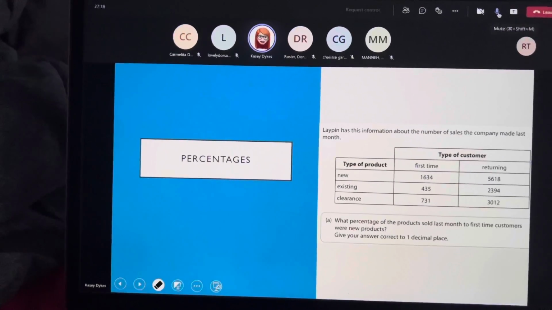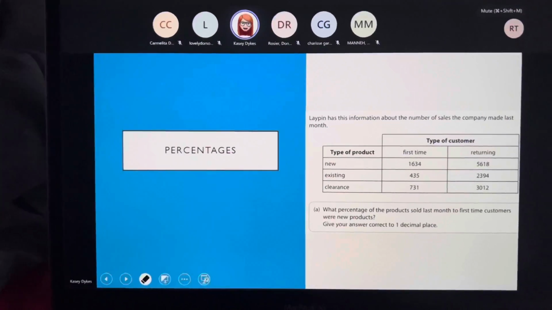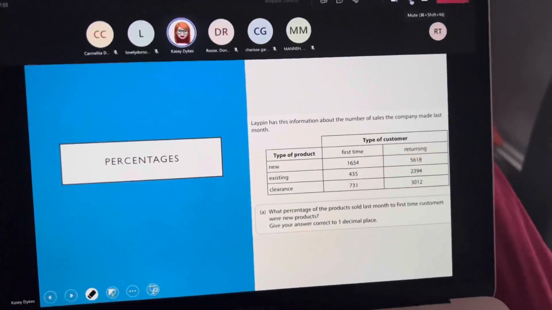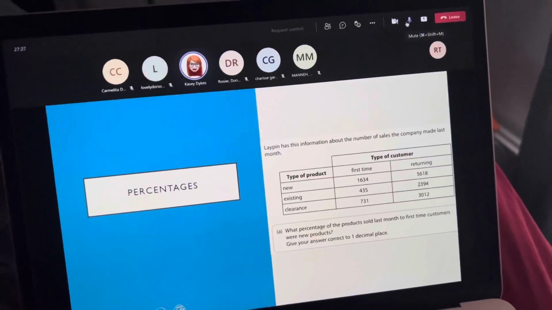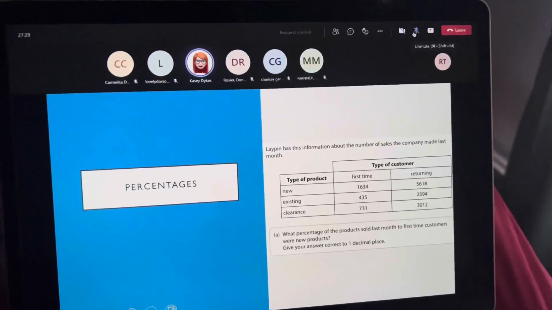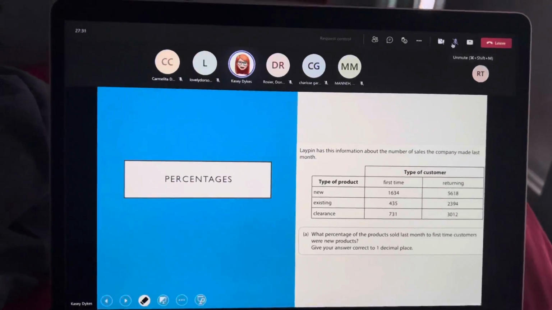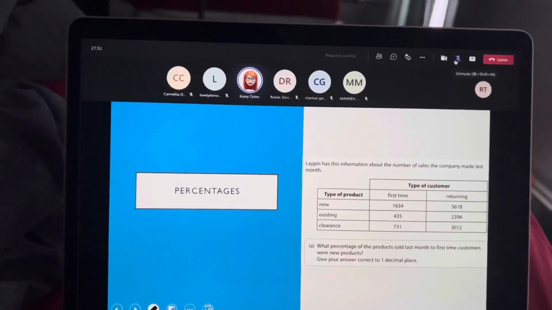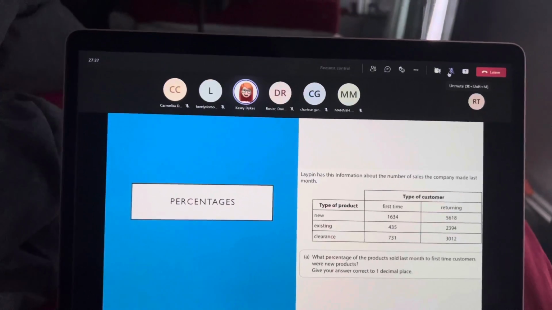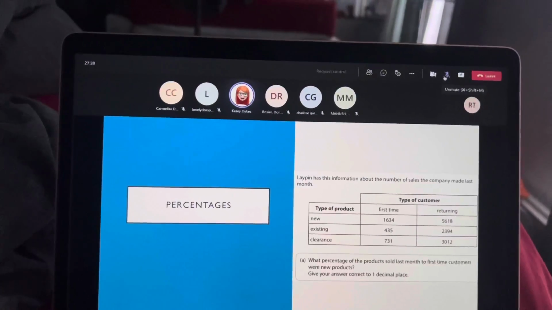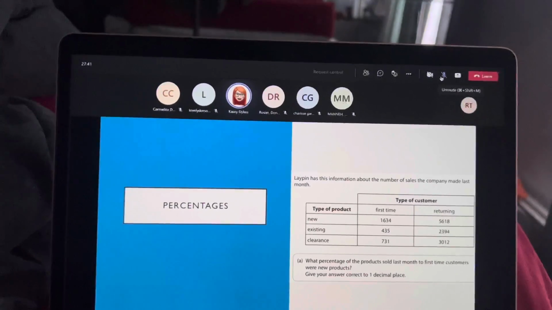Slightly different type of question, this one. Still percentages, though. So Lapin has this information about the number of sales a company made last month. In our table, we've got types of customers: first-time and returning customers. And we've also got a type of product: new, existing, and clearance.